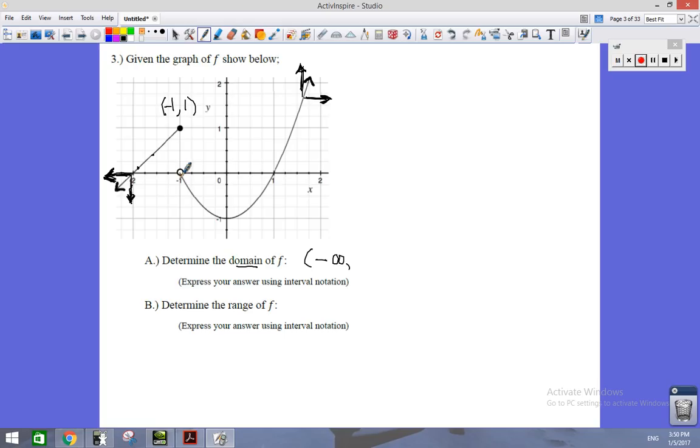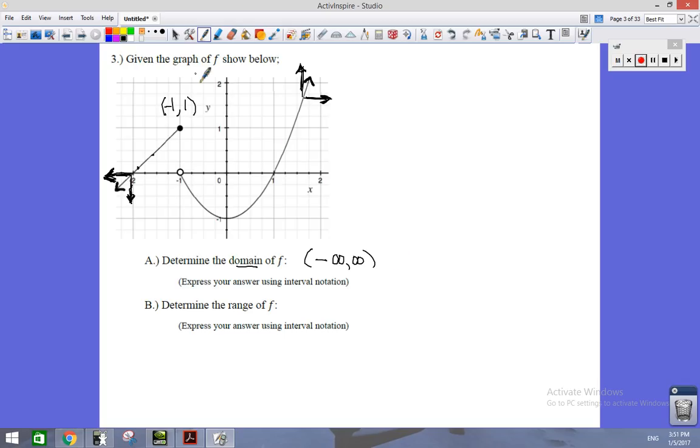Now, this negative 1, 0 is not on the graph because that hollow dot, but the point immediately adjacent to it is, and all these points as I move to the right are definitely on the graph, and the x values are increasing because I'm moving to the right. I get over here to this arrow, and I've moved from left to right, and even though I had this jump, there were no jump in the x values, and the domain is all real numbers.